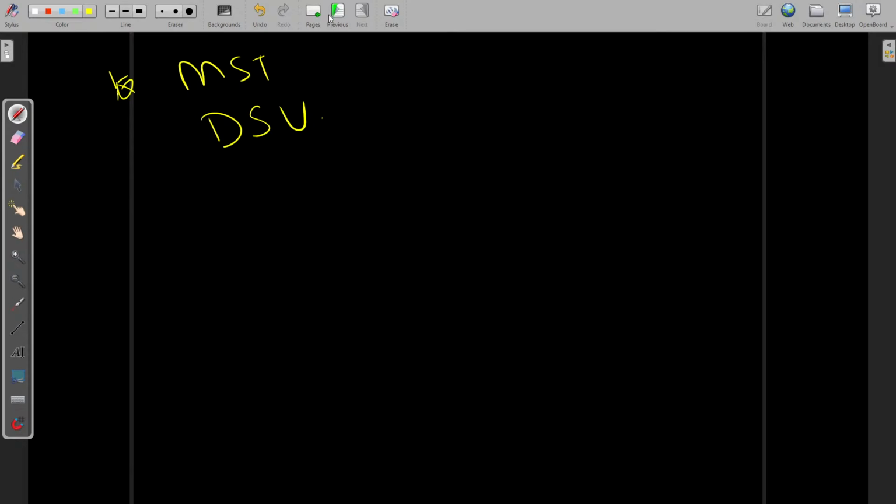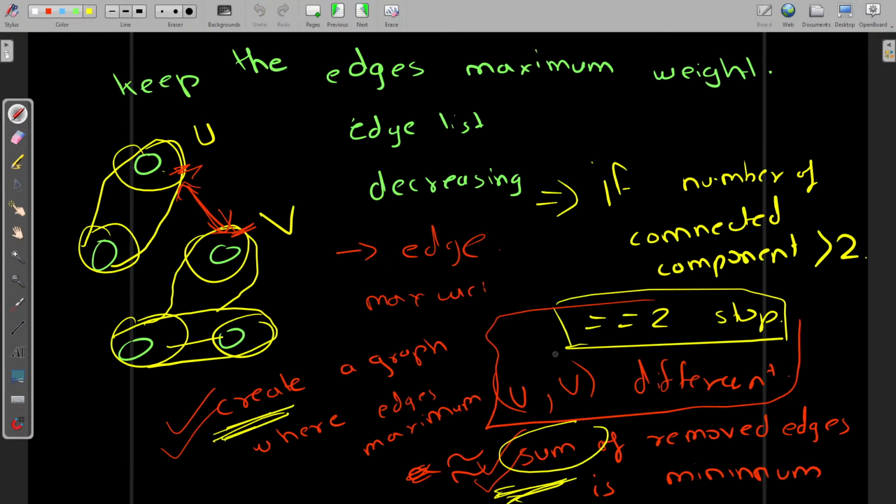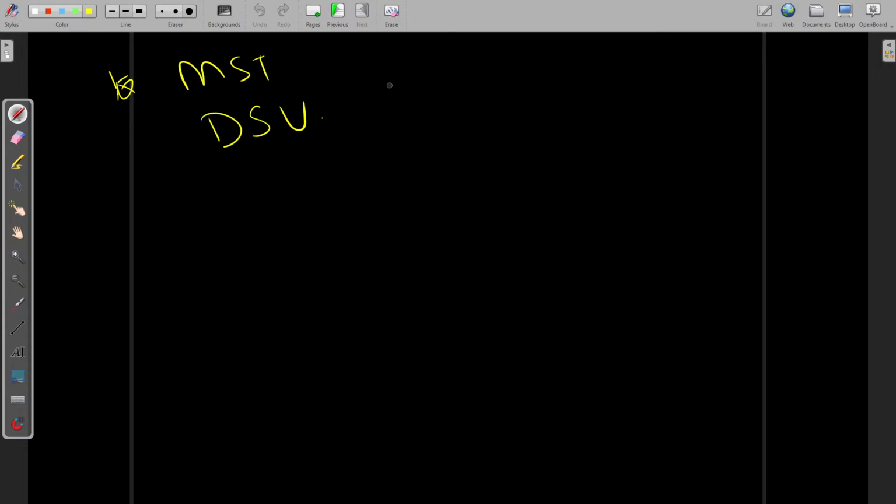Because this operation of checking if U and V lie in the same component or in different components is a problem in itself. This is a classical problem which can be solved using DSU. If you don't know about DSU, then it's fine, you can just learn about it. But without DSU, you can't solve this particular problem, so you can just stay for the logic part of this problem.